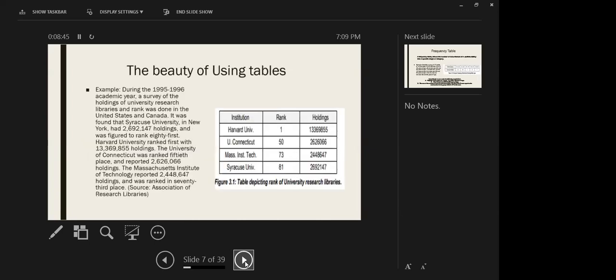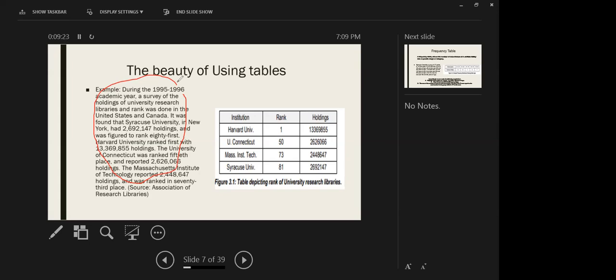What am I talking about? Let's look at this example here, the beauty of using tables. On the left side, you can see that this is information that we're being told. Someone is just trying to tell us information, but I'm actually even feeling lazy to read because there's so much written there, and you won't even be sure if you can really get what the information on the left side is trying to convey.